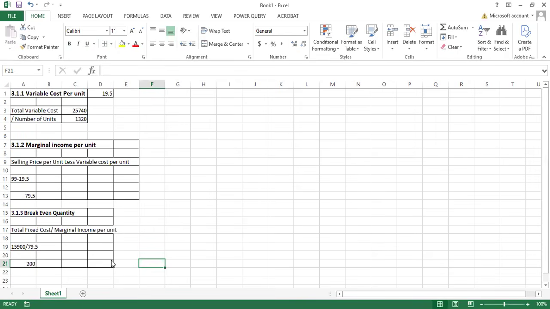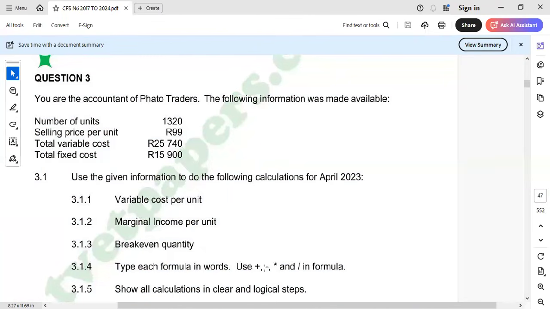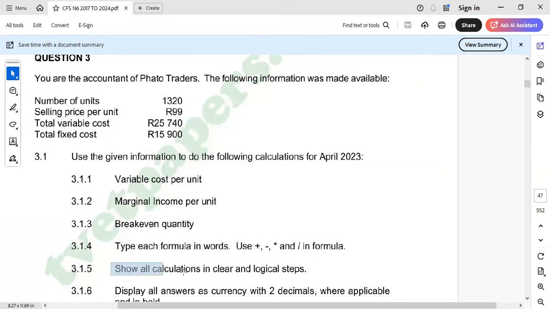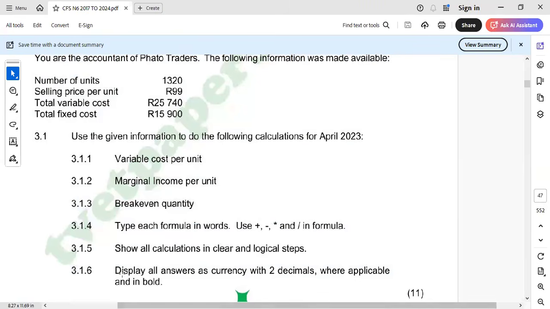Now, remember, we did type the formula. We also used plus, minus, times, whatever, or divide wherever we wanted. We showed them step by step. Now, they are saying display all answers as currency with two decimals where it's applicable. Okay, how do we do that?